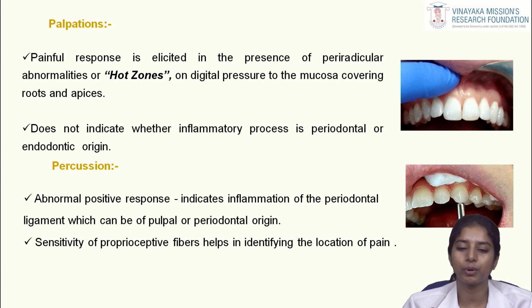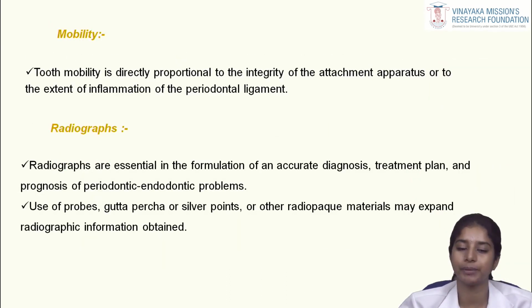An abnormal positive response in percussion indicates inflammation of the periodontal ligament, which can be either of pulpal or periodontal origin, and the sensitivity of the proprioceptive fibers helps in identifying the location of the pain. Then mobility. Tooth mobility is directly proportional to the integrity of the attachment apparatus or to the extent of inflammation in the periodontal ligament.